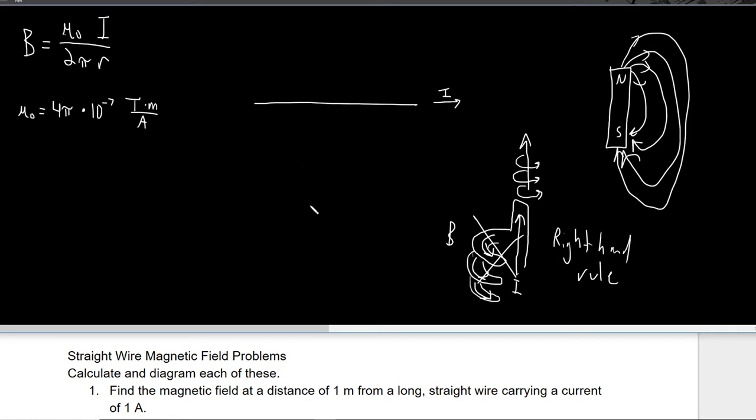To indicate where it's coming out of the screen, that's going to be a circle with a dot in it. So we're just going to do these circles.